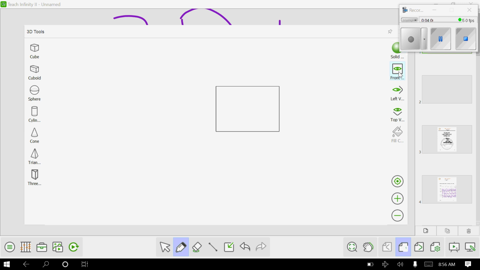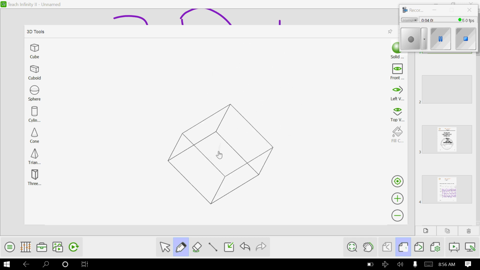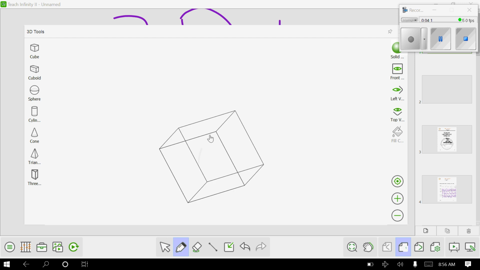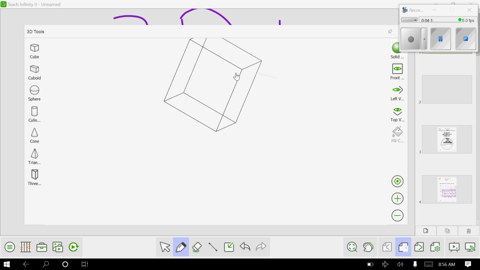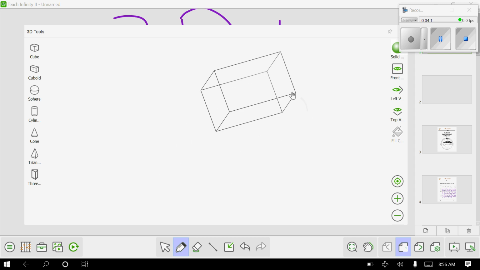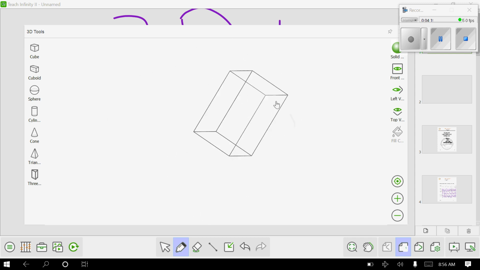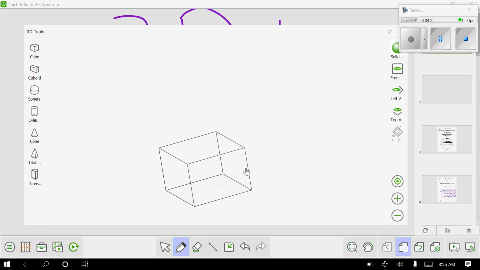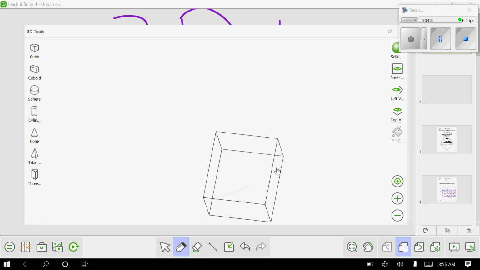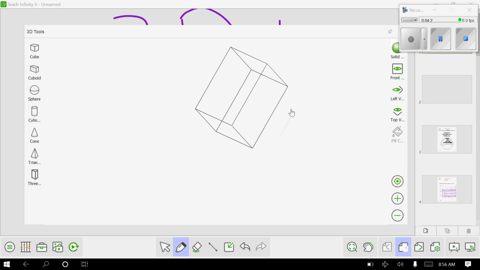The faces of the rectangular prism are rectangles, and sometimes squares and rectangles at the same time. So not all the faces of the rectangular prism are the same.